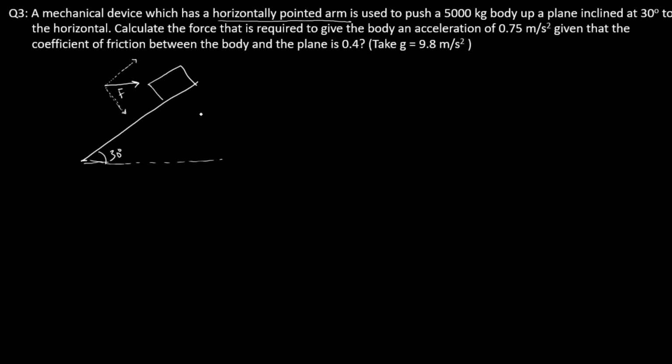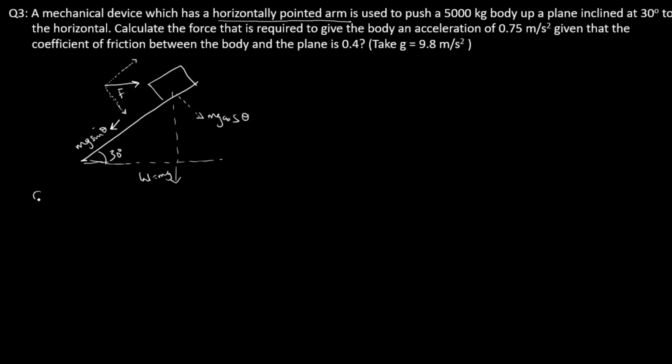Now let us first find all the components of the forces which are perpendicular to the plane. Don't forget we have the weight itself. It acts vertically downwards. W equals mg. And then there's also a component which is perpendicular to the plane, the component of the weight. That's mg cos theta.